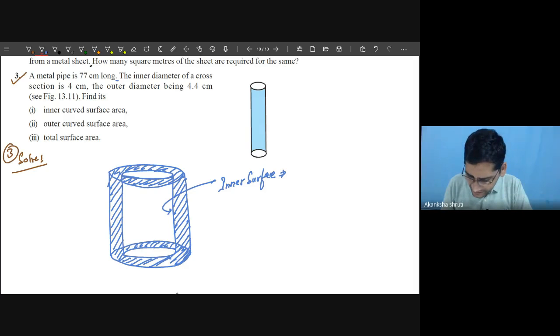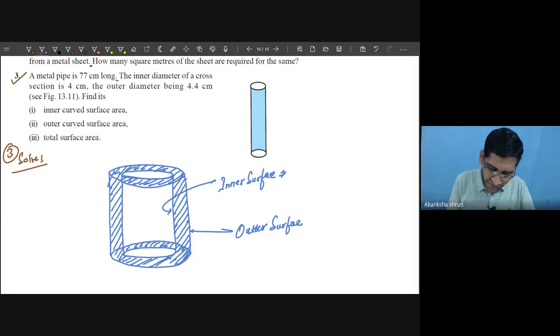And the other one, this one is our outer surface. But for calculating this, we need to know their radius. Since these two cylinders are concentric, they have the same center.